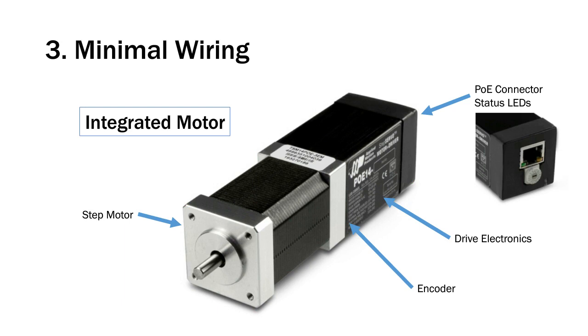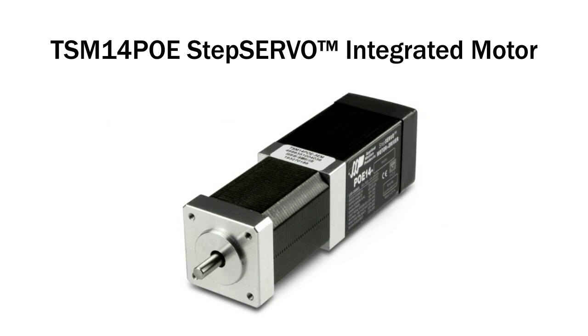So that means on the back of the step motor, we've got an encoder on the rear shaft. All the drive electronics are packaged in the rear. And then on the very back, we have our PoE connector, either RJ45 or M12, and some status LEDs. And the end result is what we call the TSM14 PoE step servo integrated motor.